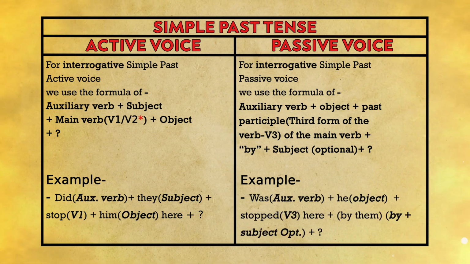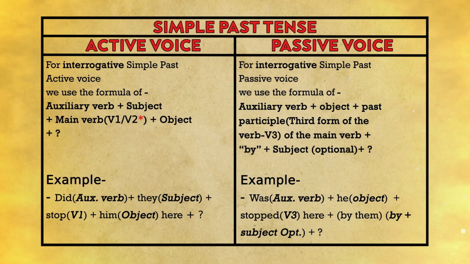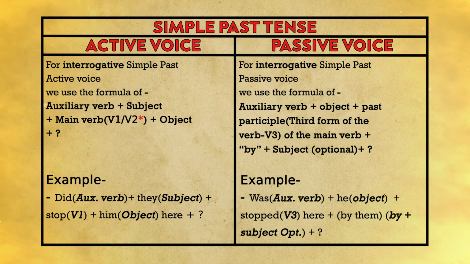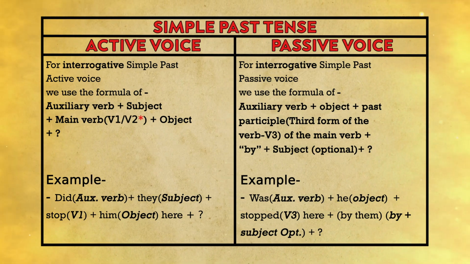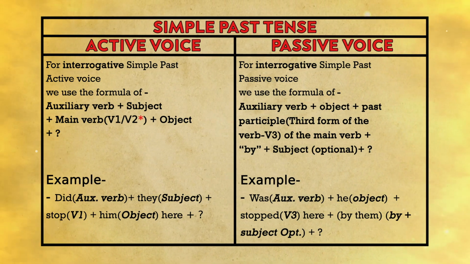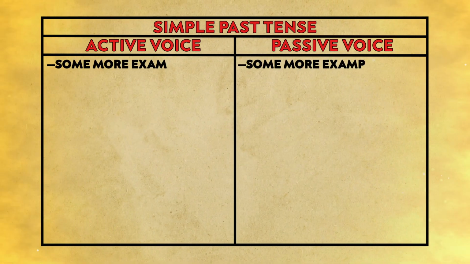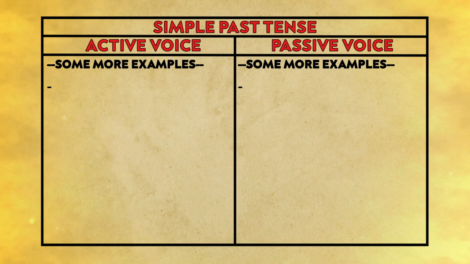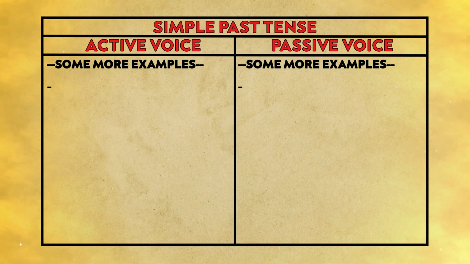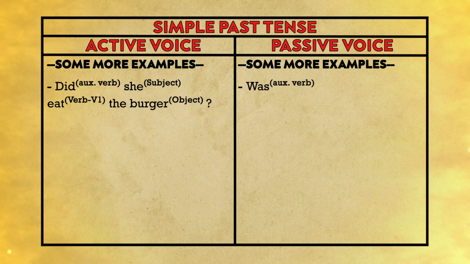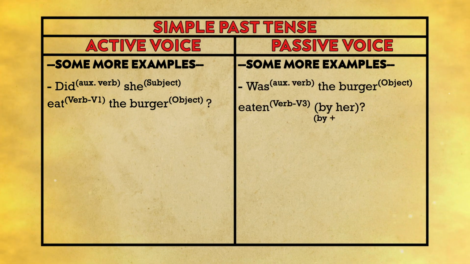So was is the auxiliary verb plus he the object plus stopped, third form of the verb, plus by plus them, that is the subject. So there are more examples on the screen for your better understanding. Did she eat the burger? Was the burger eaten by her?